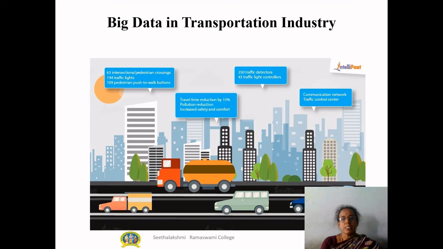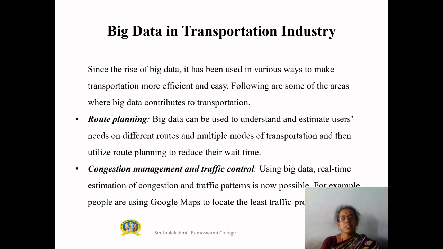Big data in transportation industry. Since the rise of big data, it has been used in various ways to make transportation more efficient and easy. Following are some of the areas where big data contributes to transportation.